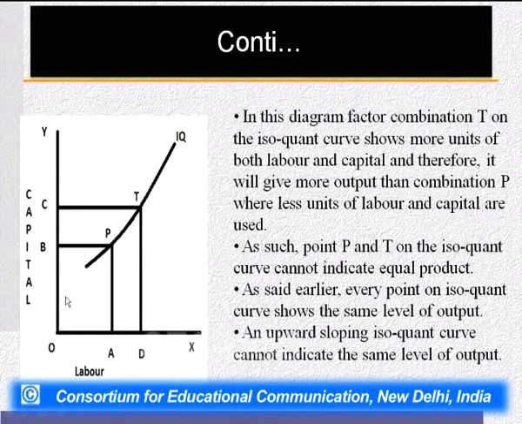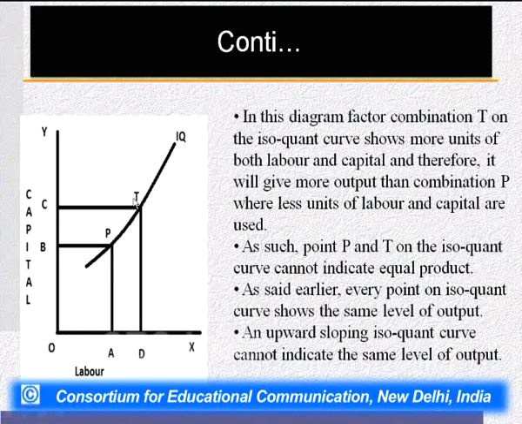But if you draw this type of isoquant, then on combination P, where you put, suppose, A units of labor and B units of capital, you get a satisfaction of 100 units.